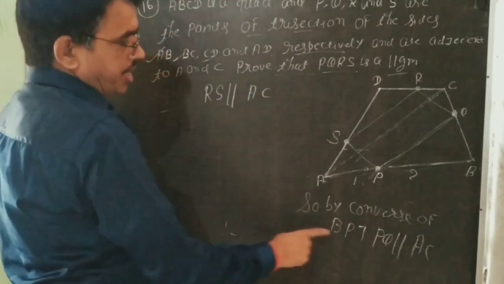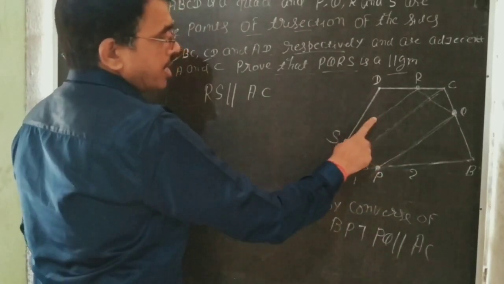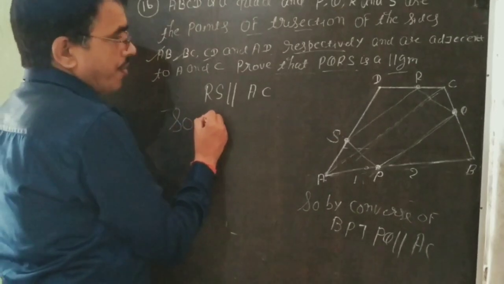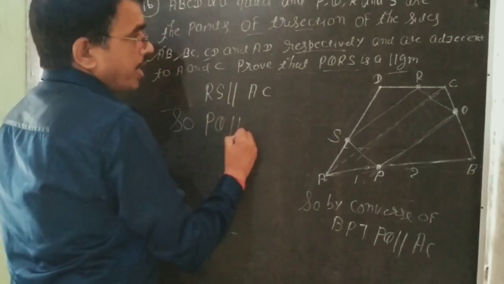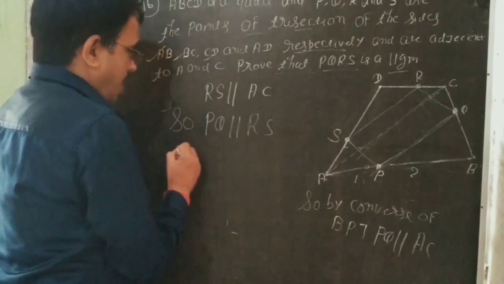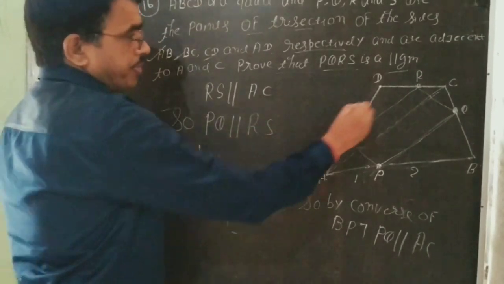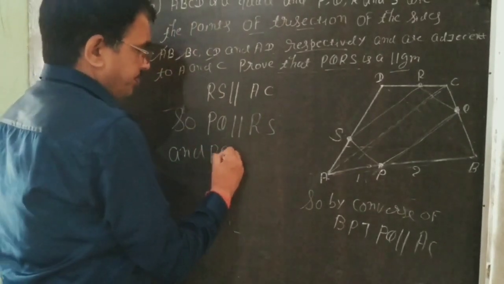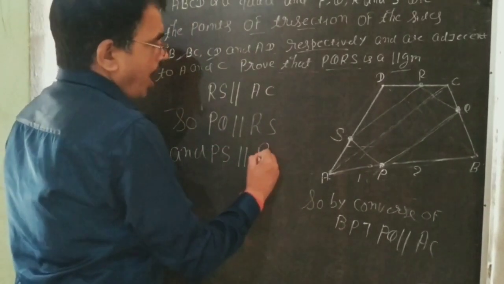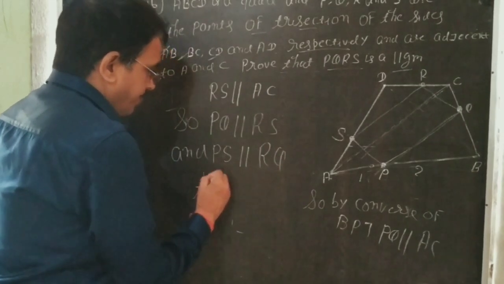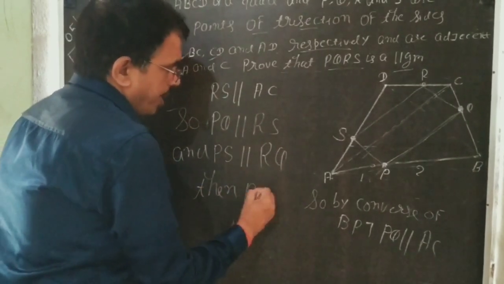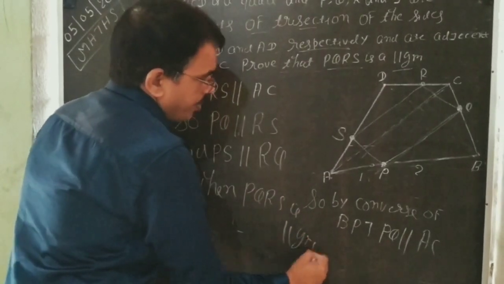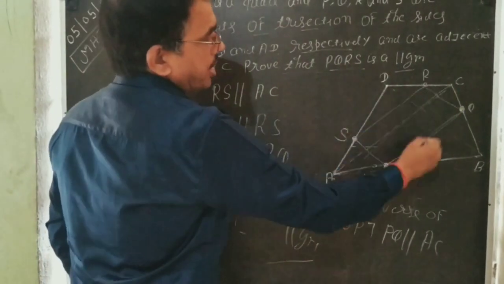If PQ is parallel to AC, similarly RS is parallel to AC. Therefore PQ is parallel to RS, and if you draw the line on this side, then you can write PS is parallel to RQ. Then PQRS is a parallelogram because both pairs of opposite sides are parallel.